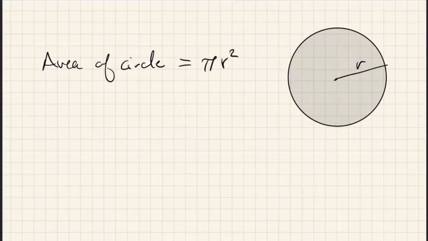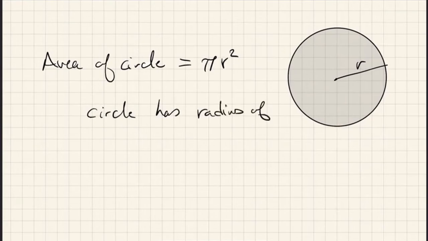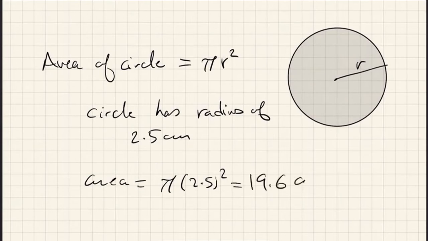So if the circle has radius of 2.5 centimeters, its area equals pi times 2.5 squared, which is 2.5 squared times pi, equals 19.6 centimeters squared.